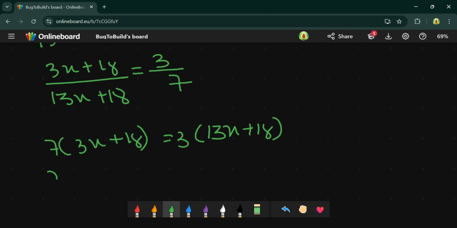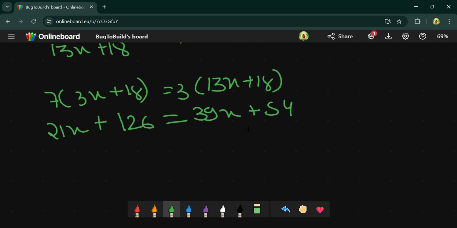It will become 21x plus 126, and this will become 39x plus 54.